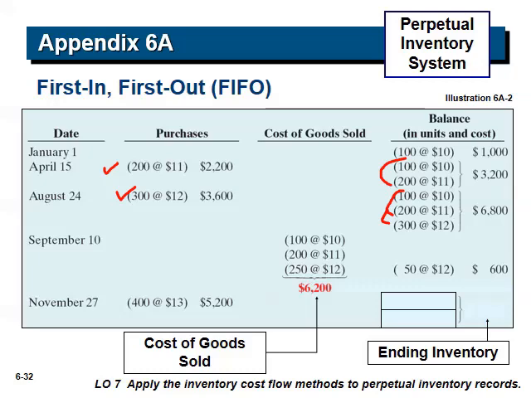Then you go into November and you buy 400 at 13. So you still have these 50 at 12, plus you have the 400 at 13, which gives you 5,800. Now notice that's a little bit different than the periodic system we were using before, and that's because of the timing.